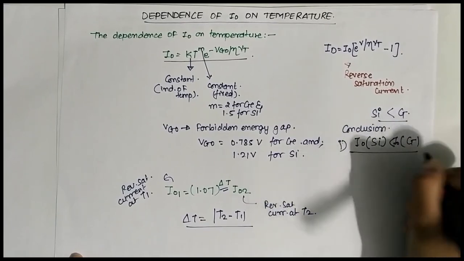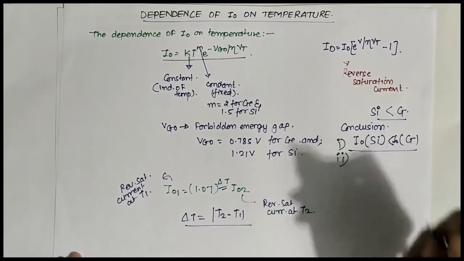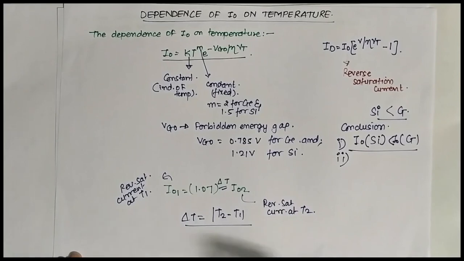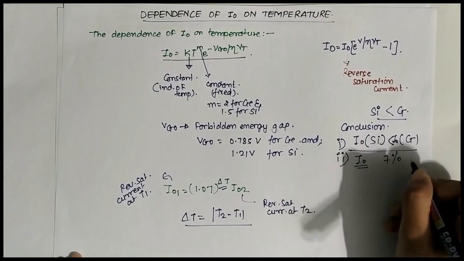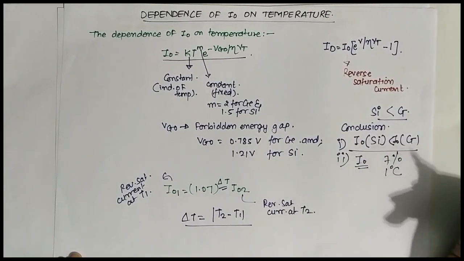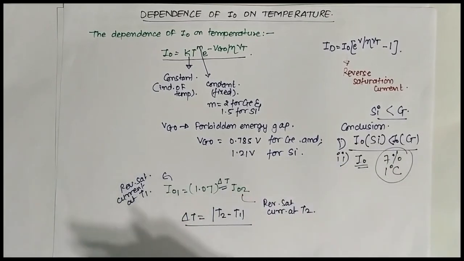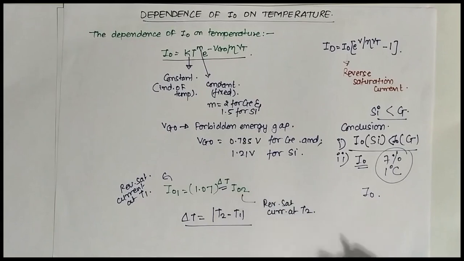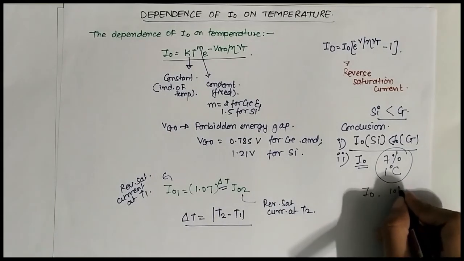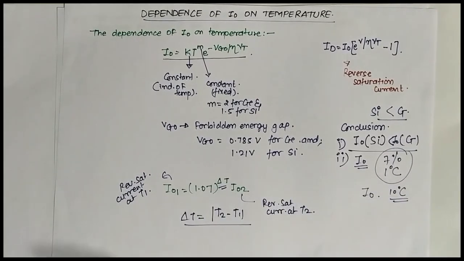And the second is, this reverse saturation current always increases at the rate of 7% for every 1 degree rise in temperature. Or in other words, we can also say that I0 doubles its value for every 10 degree rise in temperature.